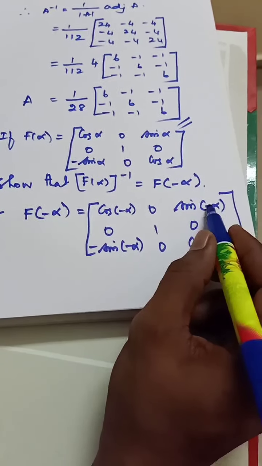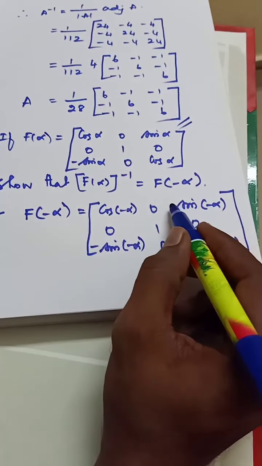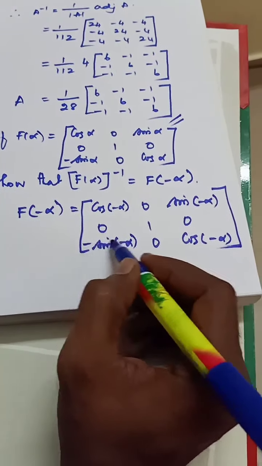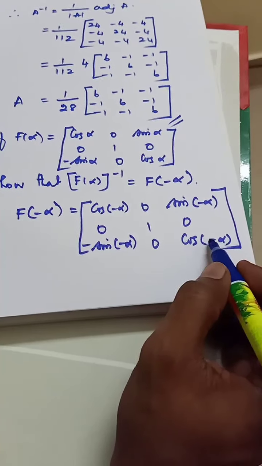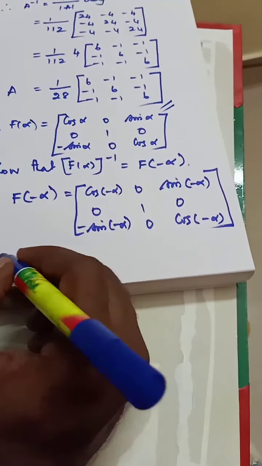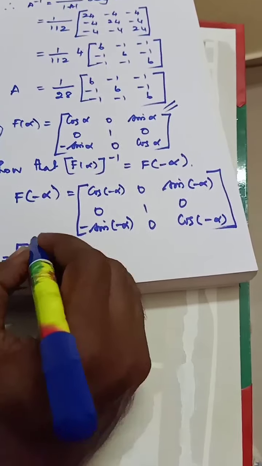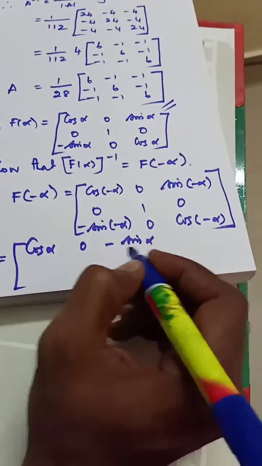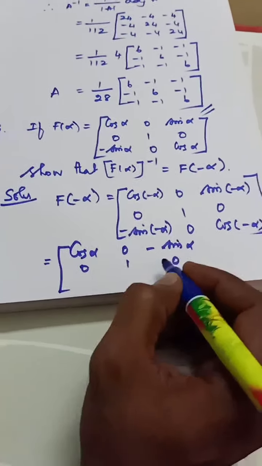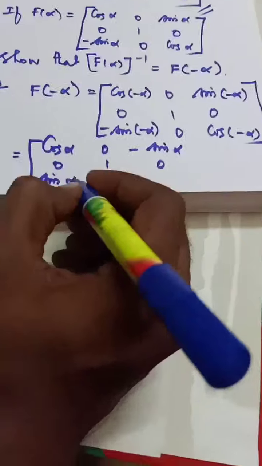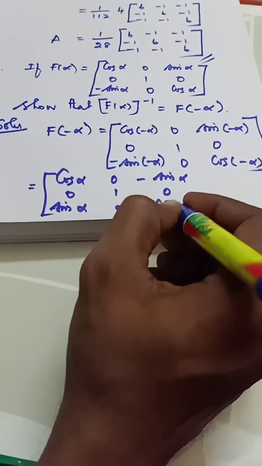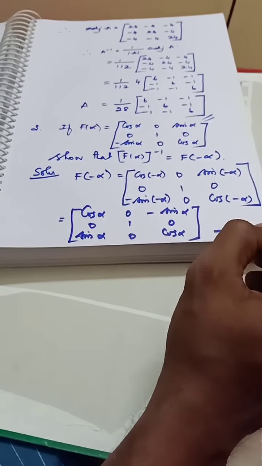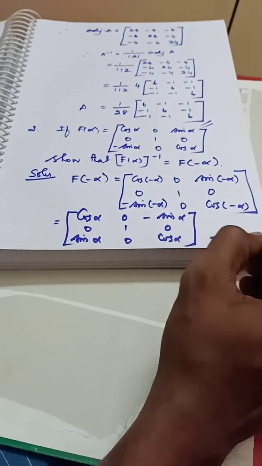Sin is an odd function, this minus will come in front, it becomes minus sin alpha, and minus into minus you will get plus. Again cos is even, you will get plus cos alpha. This is nothing but cos alpha, 0, minus sin alpha; 0, 1, 0; sin alpha, 0, cos alpha. So we found the RHS, that is number 1.